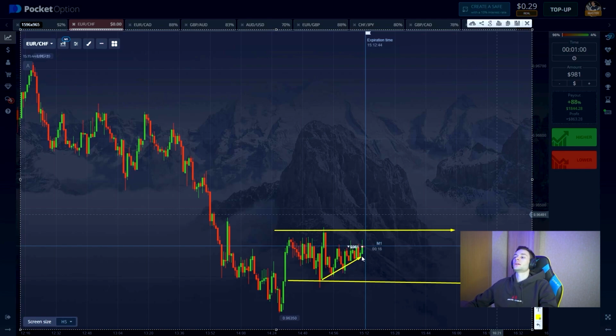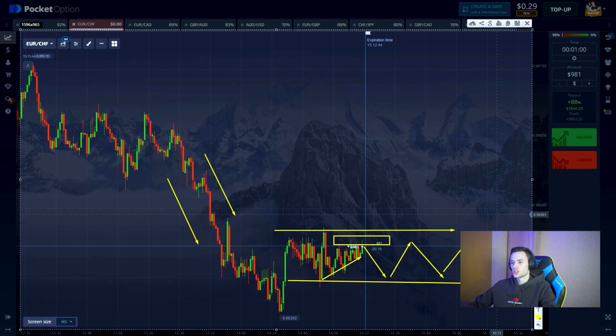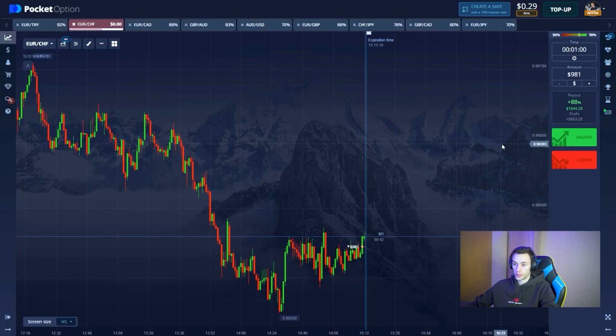But I'm sure that the resistance zone should play out and the price will eventually go down, just a bit, following its previous direction. And by the way, there was the downtrend with the indicator that the correction is more likely than the pullback, and basically the chart is going to move this way.